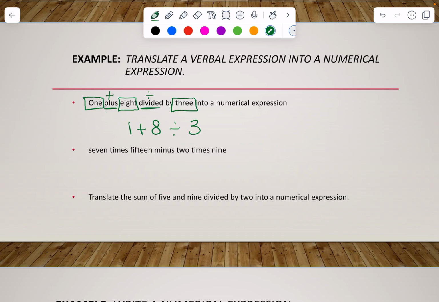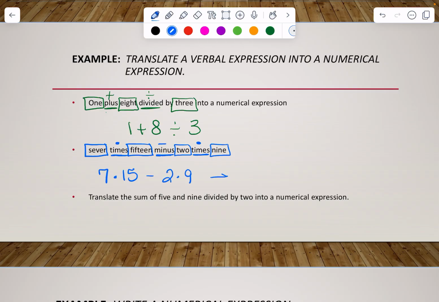Let's try the next one. If I look at this one, I have 7, a number, times 15, and then we go to minus 2 times 9. So 7 times 15 minus 2 times 9.